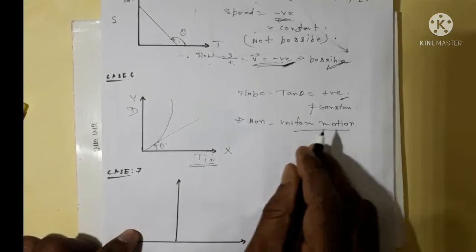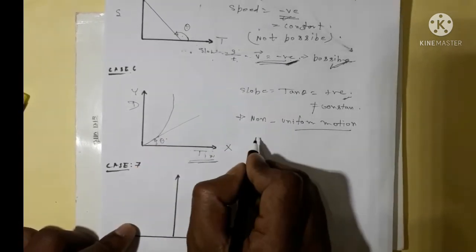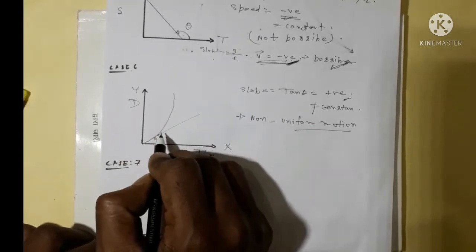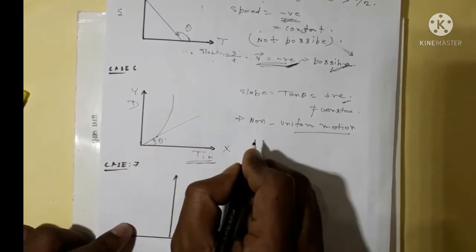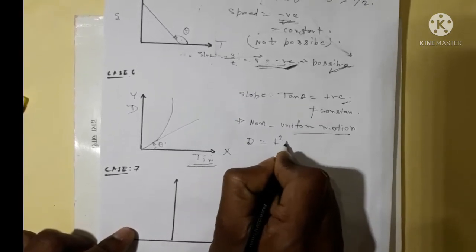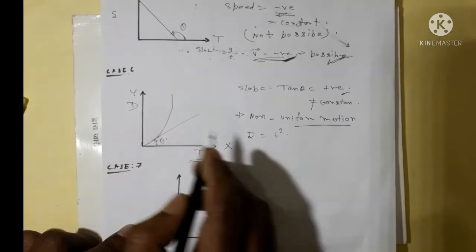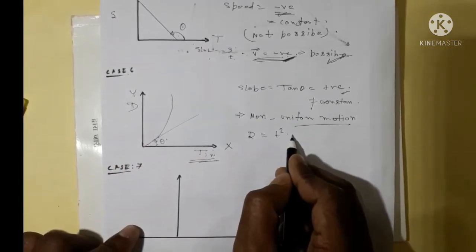So it is non-linear in nature. Suppose this type of graph can be non-linear like this, then the equation can be written as distance is equal to time squared.